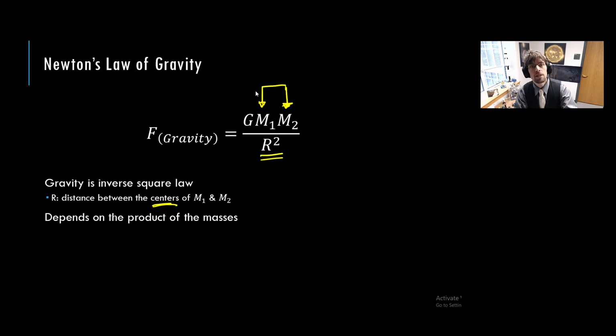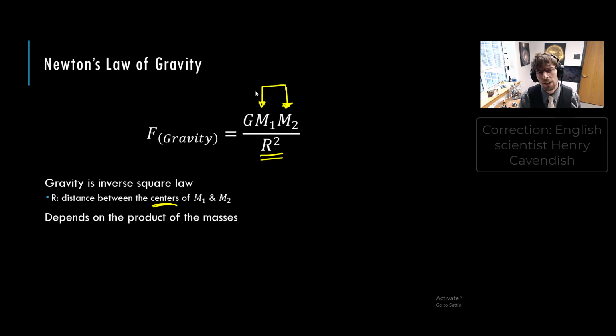The reason you don't feel that gravitational interaction, you're not feeling yourself being pulled across the room by your bookcase, is this third idea. It's big G. Big G is a constant. It's called the gravitational constant, and it was first experimentally determined by, I believe, a physicist named Cavendish.